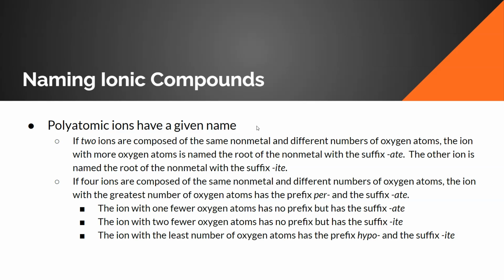So ClO3 would be chlorate. Then one less oxygen than that would be the -ite ion. So ClO2 is chlorite. And then the one with the least number of oxygens of the four has the prefix hypo- and the suffix -ite. So ClO, just ClO, is hypochlorite ion. And you can check that by looking at your polyatomic ion chart.